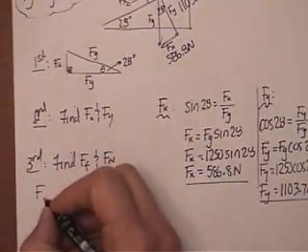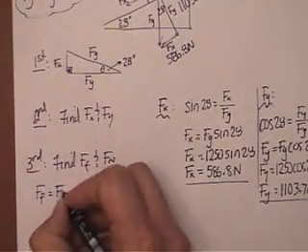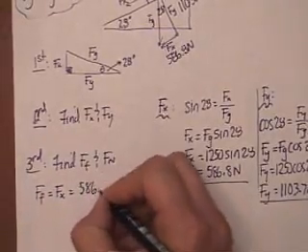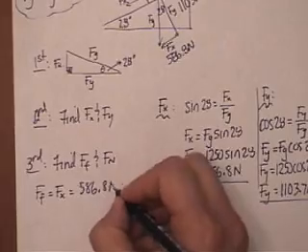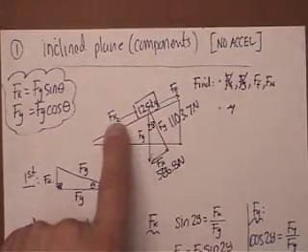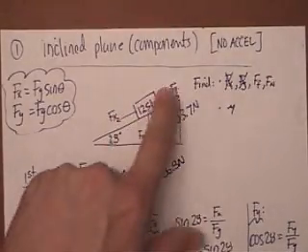I can just make that as a statement. Force of friction equals Fx equals 586.8 newtons. That's only when we have constant velocity. Then Ff is equal to Fx.